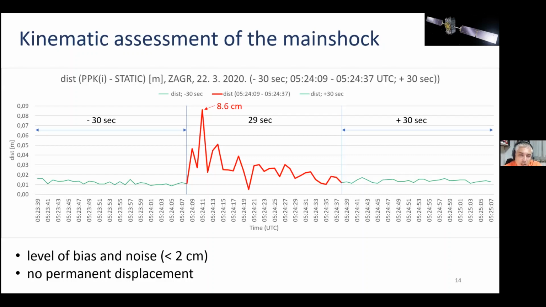With the red line, we can see in the first half a lot of shaking, and we can see the peak being 8.6 centimeters from the reference solution. Of course, here we can once again see that the level of bias and noise is below 2 centimeters. And we can see that there were no permanent displacements after as a result of the earthquake shaking.